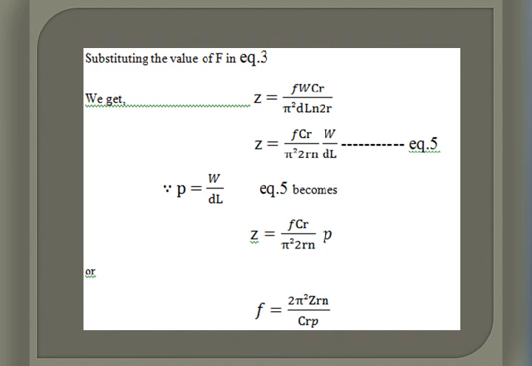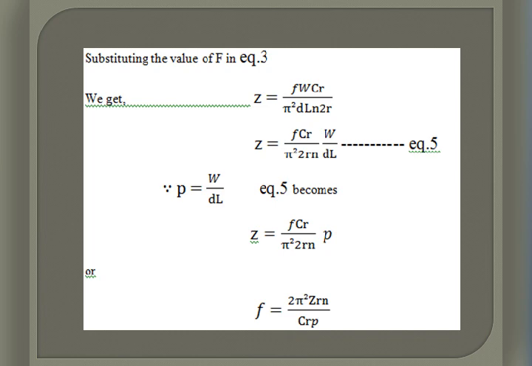We get Z is equal to f into W into C_R divided by pi square D L N 2R, or Z is equal to f into C_R into W divided by pi square 2RN into DL. Call that equation number 5. Consider that W by DL is the pressure, force divided by projected area, P equal to W divided by DL, and replace that.